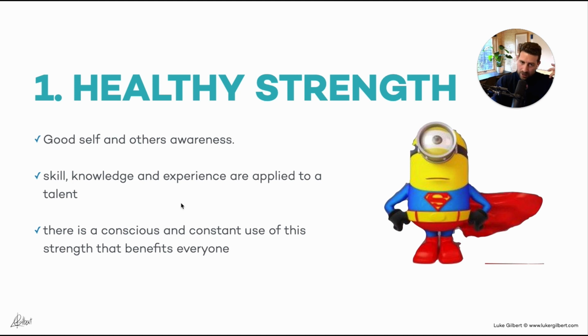The way that a healthy strength manifests itself is in good self-awareness and awareness of others. You have skills, knowledge, and experience that has been applied from the talent. There is a conscious and constant use of these strengths that benefits everyone, not just yourself. So that's where we're heading. That's where we're going for with a healthy strength.